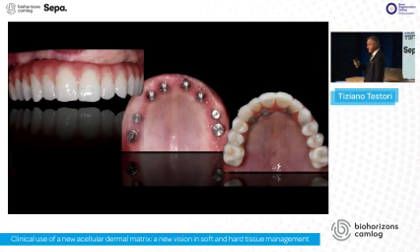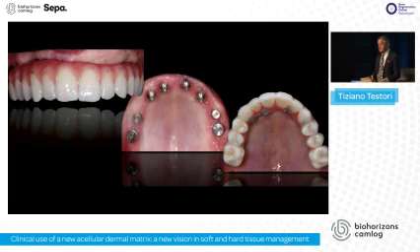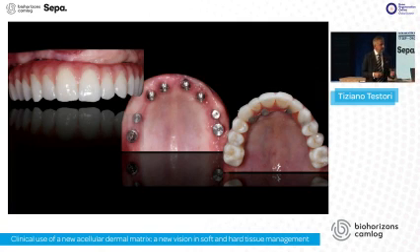But at the end of the story, upon healing, you have reconstructed the hard tissue and the soft tissue that allows your prosthodontist to make a hybrid prosthesis with a better flow between the arches and the prosthetics.